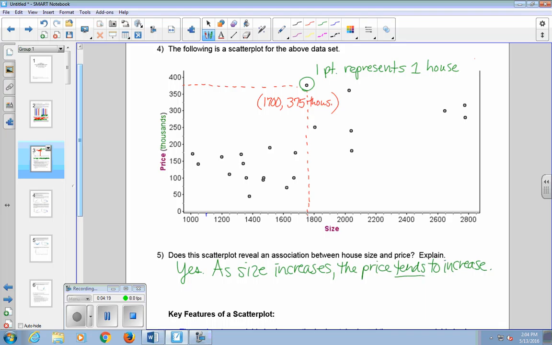Again, we're using the word "tends" because it's not a hard and fast rule, meaning if we go from left to right, we might find that there's a bigger house that costs a little bit less than another house. So we could also say, just like before, that larger houses or larger homes tend to cost more.